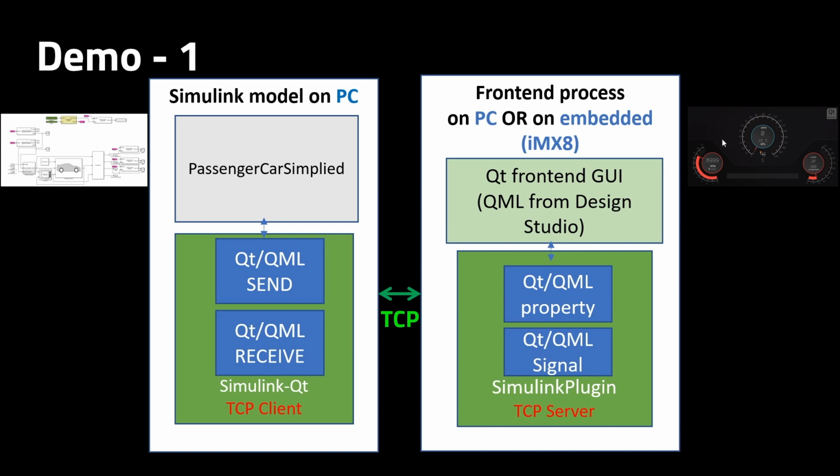And the Qt application, the car cluster application, the car dashboard application, can also send information via the TCP socket back to the Simulink model. All this is possible because Simulink already has a Qt block set library.